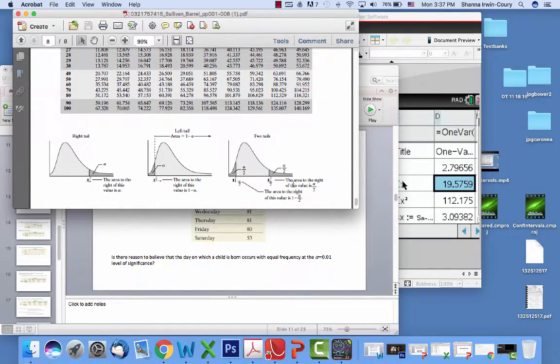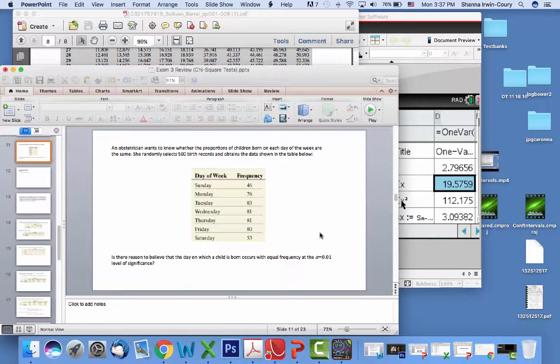So this is what we're looking at here, the right tail test. 16.812 is the one that has the rejection region to its right. Our value is 19.576, so we're on this side and we are in the rejection region. We reject the null and we determine that, in fact, it is not the same frequency on these different days.